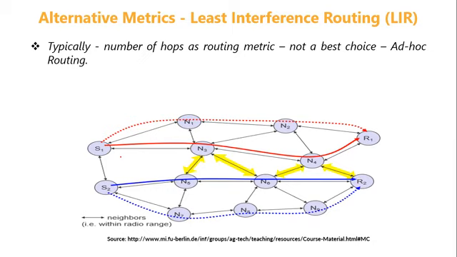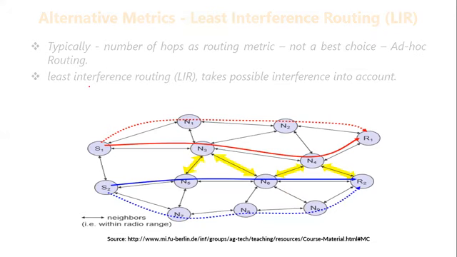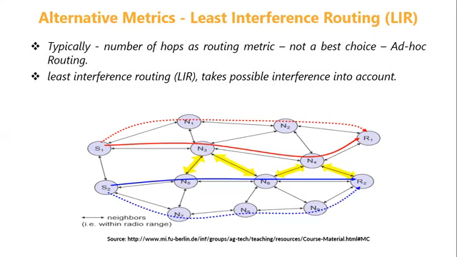But the number of hops may not be the best metric in the case of ad hoc routing. So in this algorithm, we are considering interference as the metric. We want to identify a route with least interference.